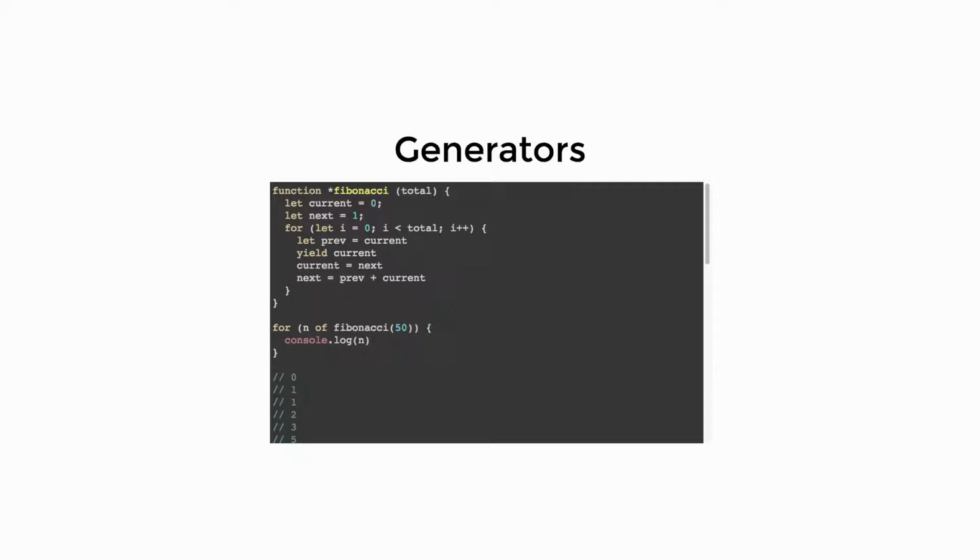And then all we do is just say, for n of my 50 Fibonacci sequence, run. The first time it goes through, it's going to generate and return 0. And it basically will resume the second time it goes through from where yield is, and then run the loop from there and then stop at yield again until yield gets called again.